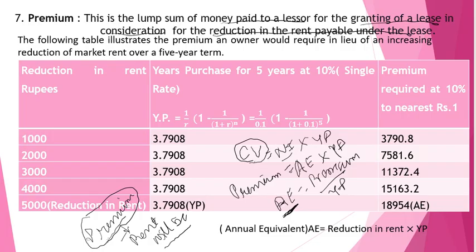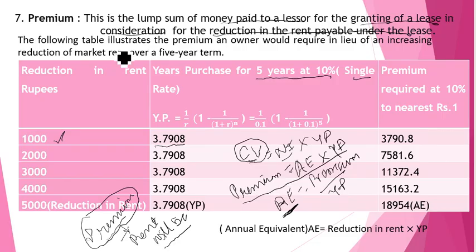So how is this annual equivalent calculated? Let us suppose you require a rent reduction of rupees 1000, and years purchase for 5 years at 10% single premium YP is 3.7908. Using the formula, capitalized value, that is premium, is equal to annual equivalent into YP.